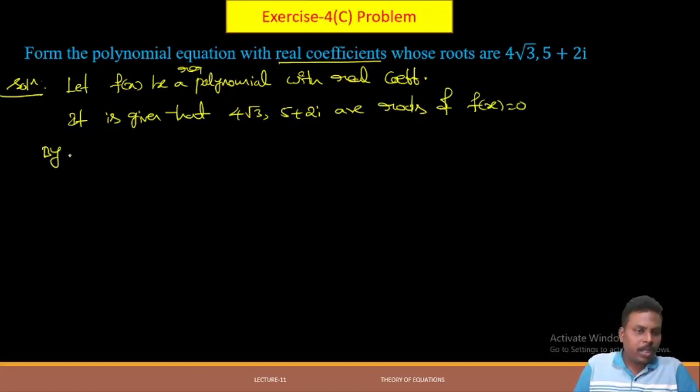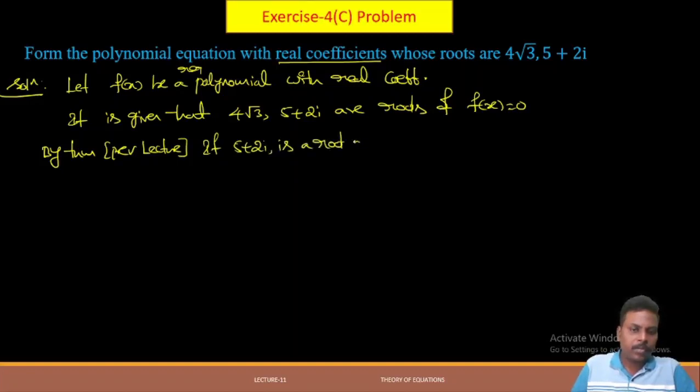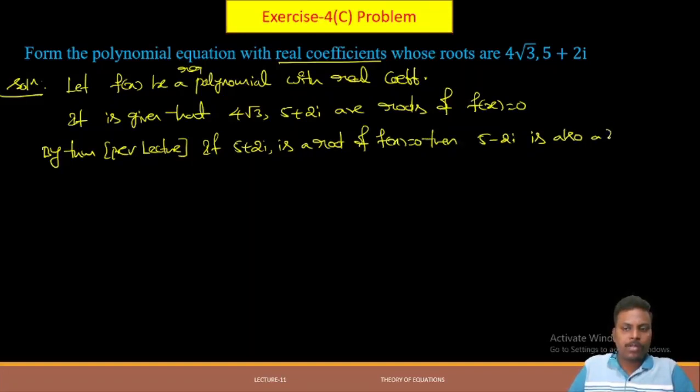Now, by a theorem studied in the previous lecture, if 5 plus 2i is a root of f of x is equal to 0, then 5 minus 2i is also a root of f of x is equal to 0.